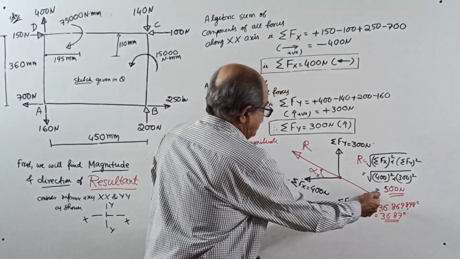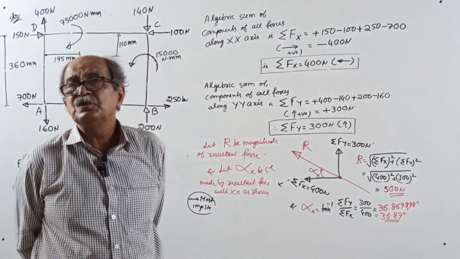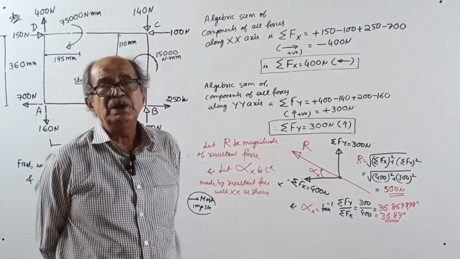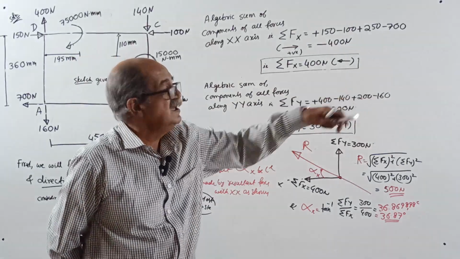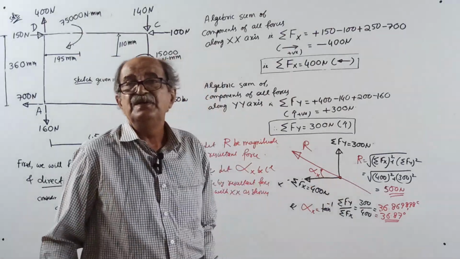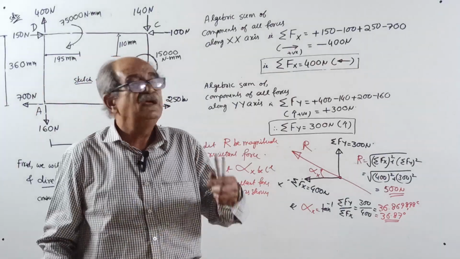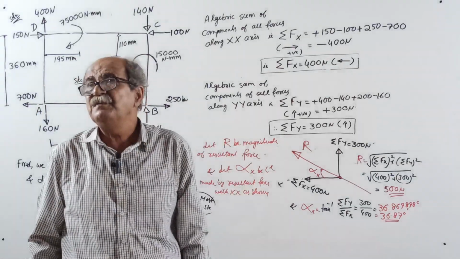Now, right here in the procedure sheet, mark sigma Fx and sigma Fy through any point. Through that point, mark the resultant R and alpha in the same way as in the concurrent force system. But one doubt comes right there. In the concurrent force system, you know this point, through which all the forces are passing, through that point the resultant passes.